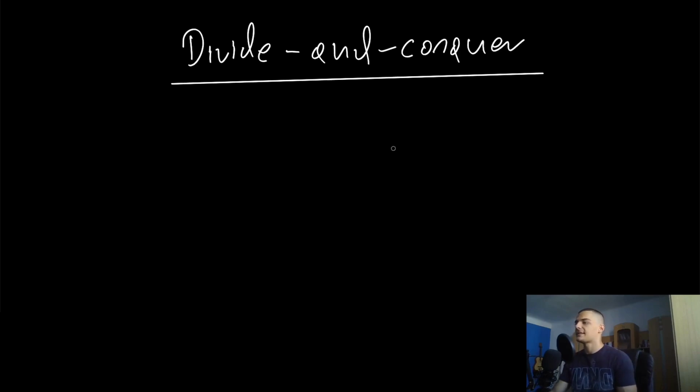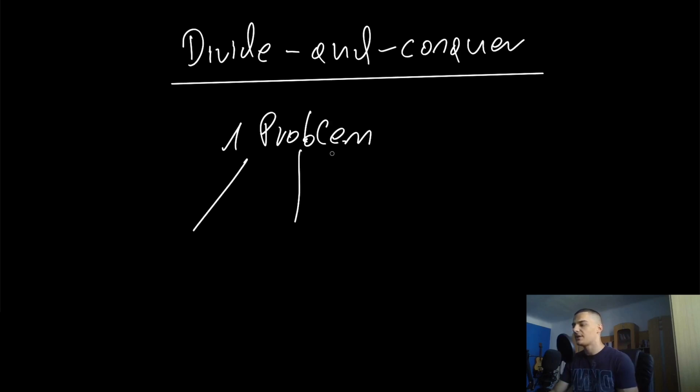And this is an approach that we also have in computer science, of course, not in the military setting, but in a programming setting. What you do when you have a complex problem is you divide it up into sub-problems. So you have one big problem here, and it's too big to be solved efficiently. You can solve it in quadratic time, cubic time, whatever. And what you do is you split it up into a couple of sub-problems here.